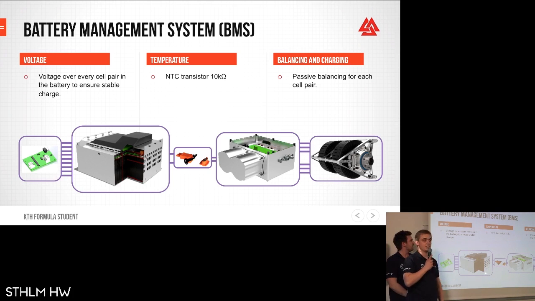So I will take the last sensor, and talk about the battery management system, which is used to monitor all the 270 battery cells in the car, so we see that they are within the voltage and temperature limits of what the manufacturer recommends, and also to balance the cells so they have the same charge in all of them, by using power resistors to dissipate the overcharge from the overcharged cells.